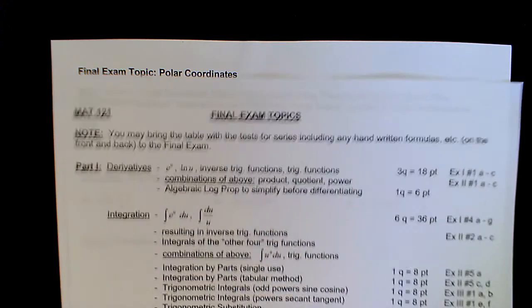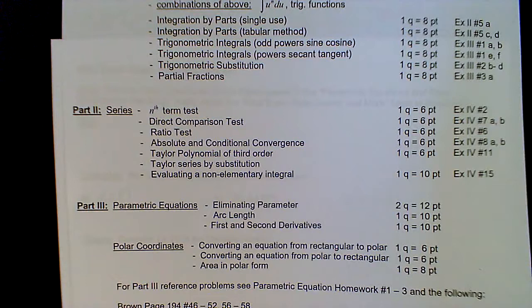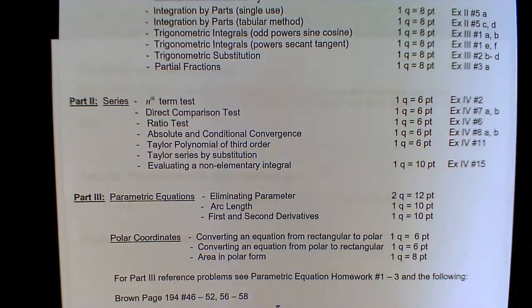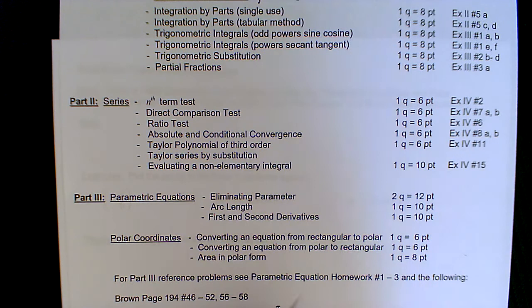Recall there's a document posted, final exam topics, study only these topics. And you can see in part 3 we've got parametric equations and polar coordinates, so telling you exactly what to expect. After we're done with this lesson, I'll have a video that'll review these two topics for us.